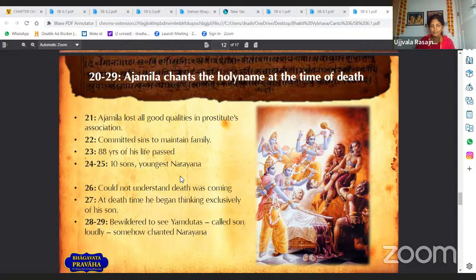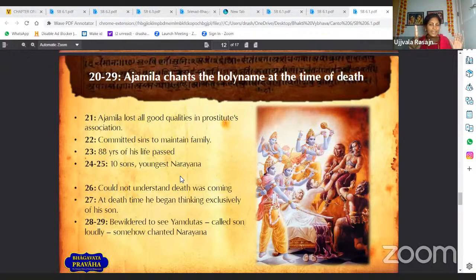Ajamila, when he uttered that word Narayana, his consciousness was desperate, because these Yamadutas are here and they are snatching his soul away. He was desperate.